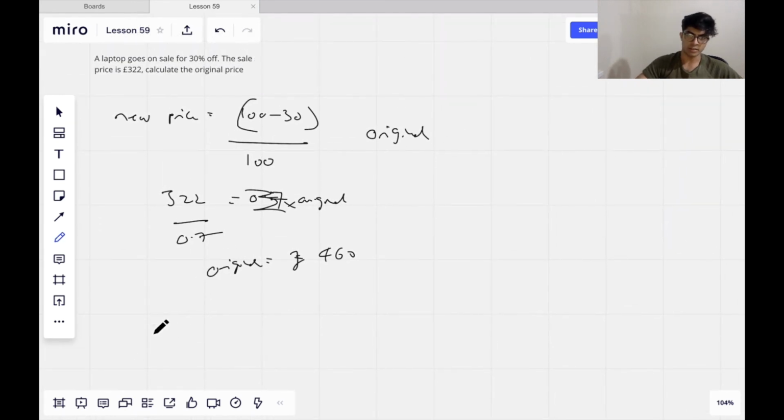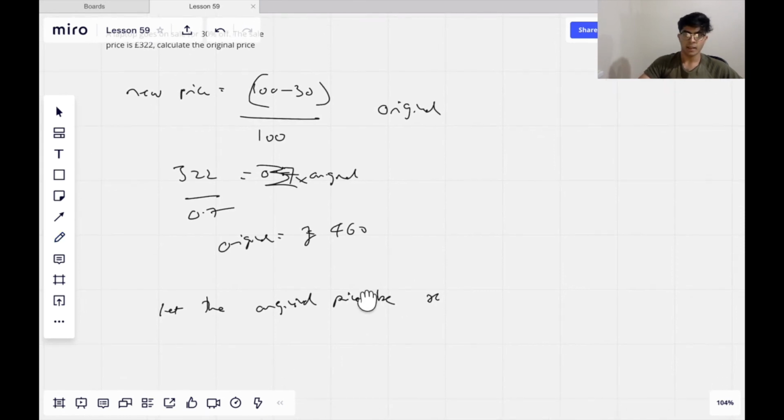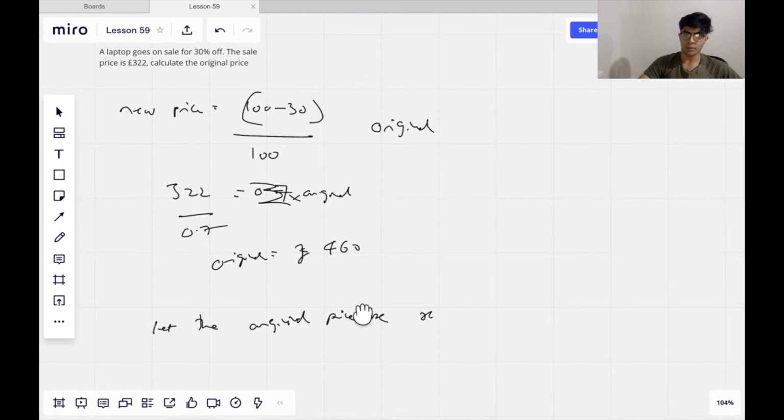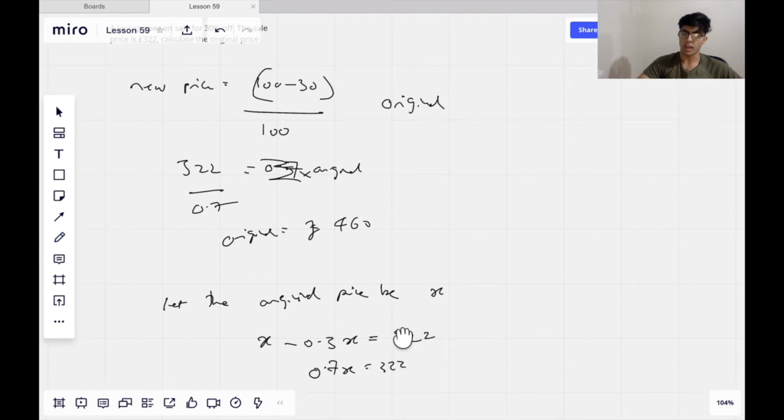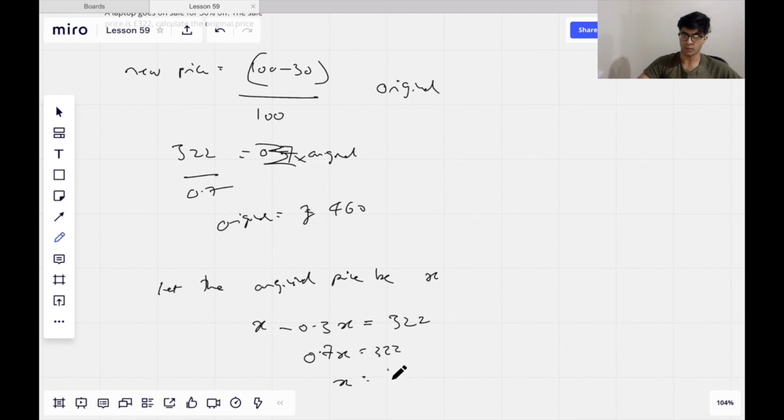You can say let the original price be X. If we discount this by 30%, so X minus 0.3X, because a 30% decrease is 0.3X, is equal to the new price, which is 322. So 0.7X is equal to 322, and we divide both sides by 0.7, so we get 460.